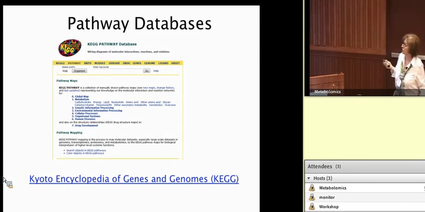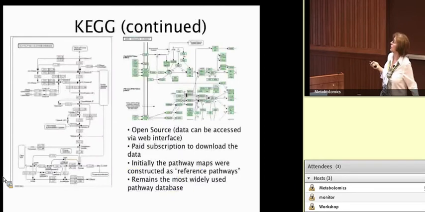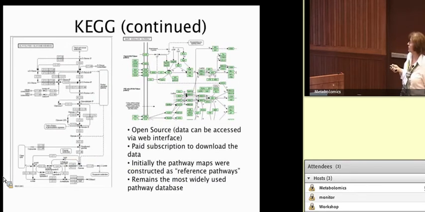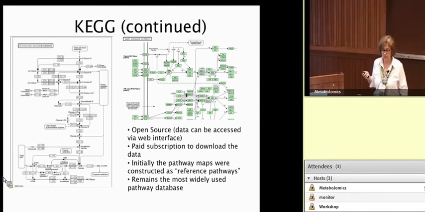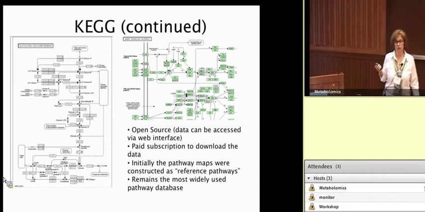it covers a variety of biological pathways. And in the interest of time, I can go directly. I have a couple of examples here, a signaling pathway and a metabolic pathway, glycolysis. The thing to know about the KEGG database is that if you want to query this database and look at the pathway charts, you can do that. If you try to download the data, you need a license.